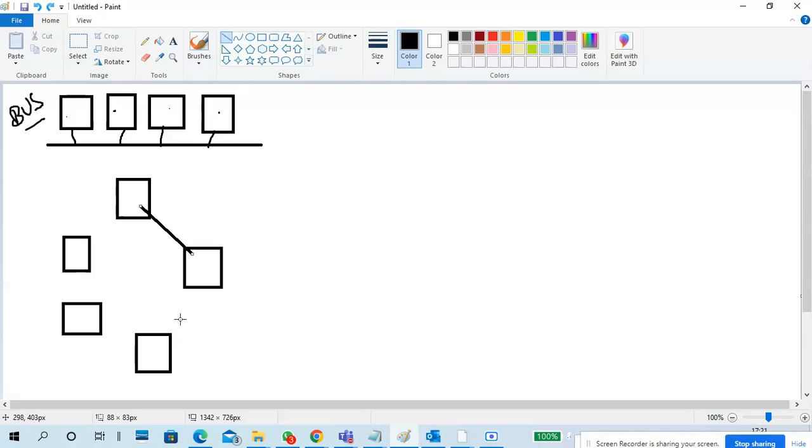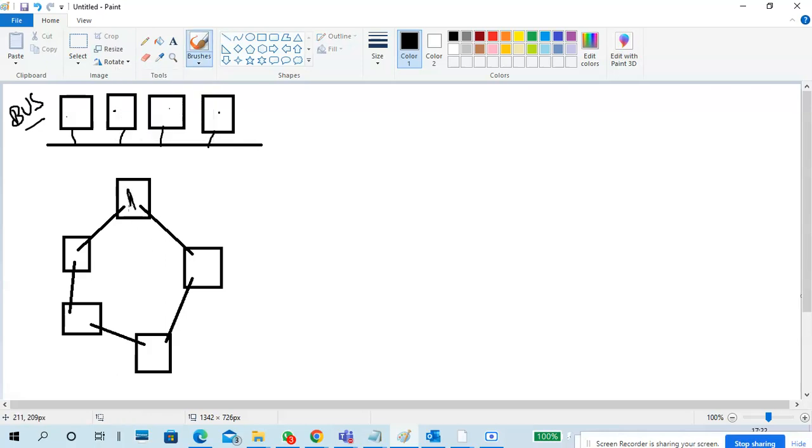The ring topology is nothing but one device connected to another device, and that to the next device, like this. A device is connected to the next device, and finally the last device is connected to the first device. Then it forms a ring.